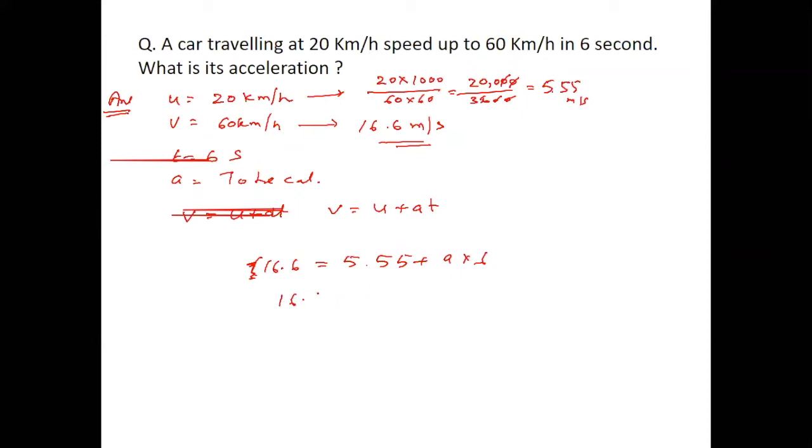So 16.6 minus 5.55 equal to 6a. And a is 11.11 divided by 6, and how much does it come? Unit is meter per second. Give me the answer.